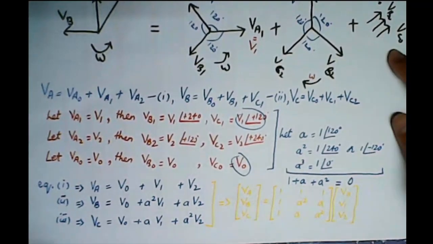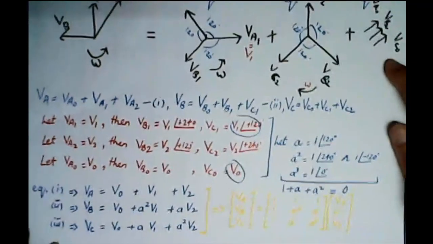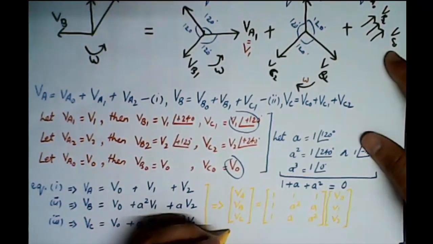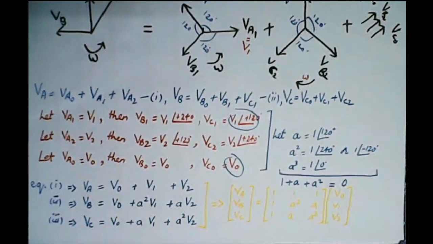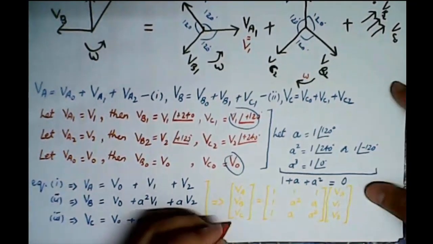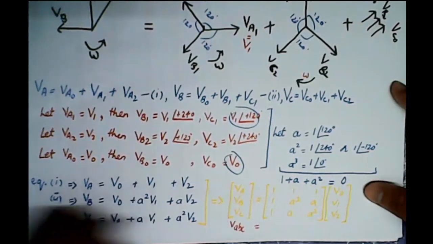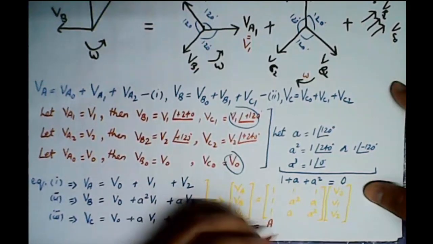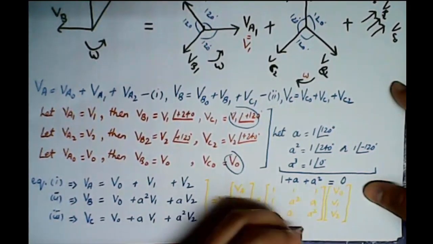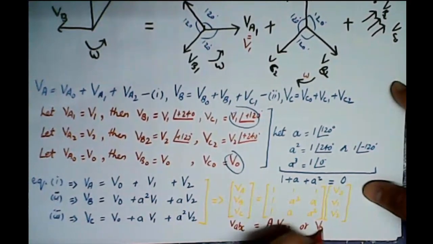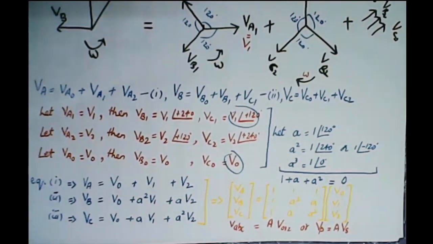Or we can generalize it by writing VABC equals A times V012, or Vp, the phase voltages, equals A times Vs, the sequence voltages.